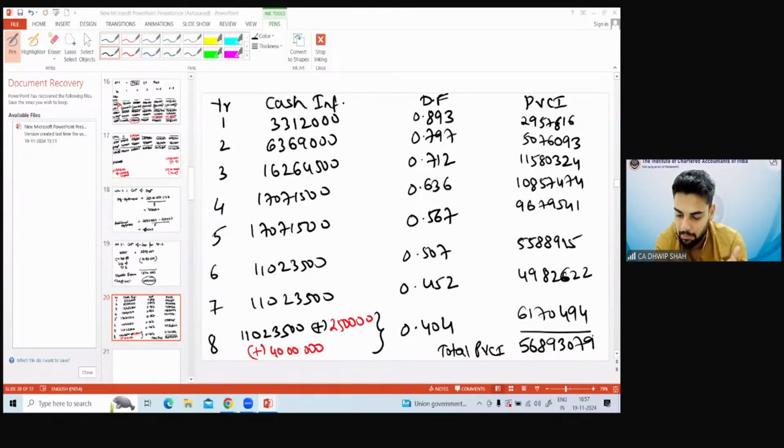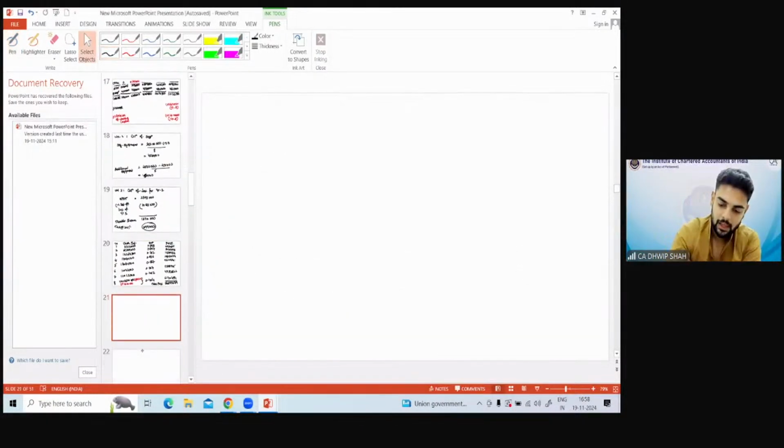It is just simple multiplication of cash inflows with discounting factors of respective years. No rocket science is involved here, but still everyone is getting different answers. Anyways, you can check this. The correct answer is 568,93,079.